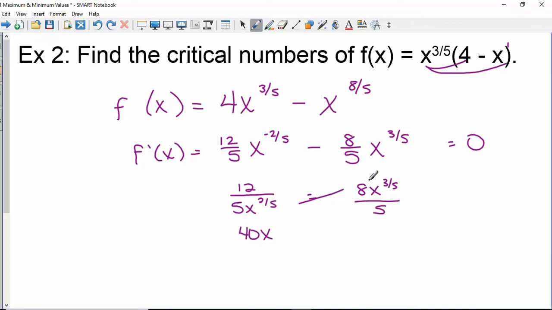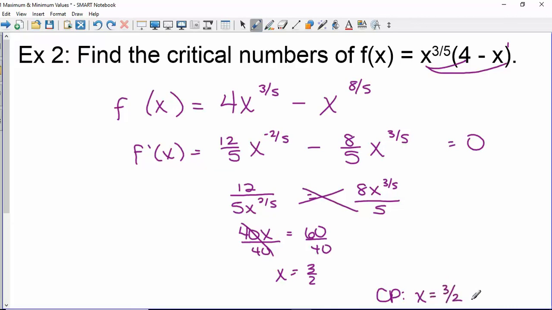So 8 times 5 is 40, x to the 2/5 plus 3/5. 2/5 plus 3/5 is 5/5, which is just 1, equals 60. So x is 6/4 or 3/2.